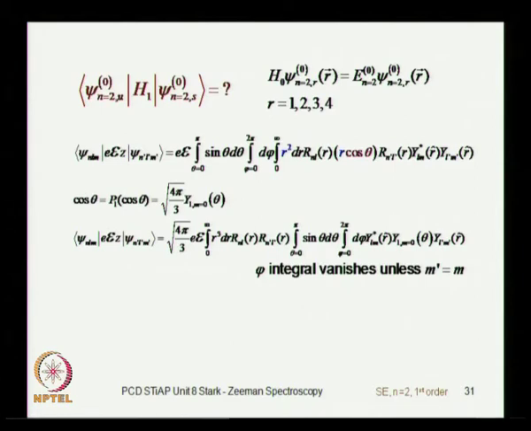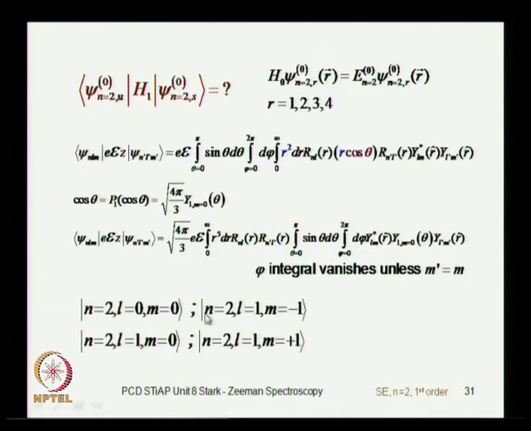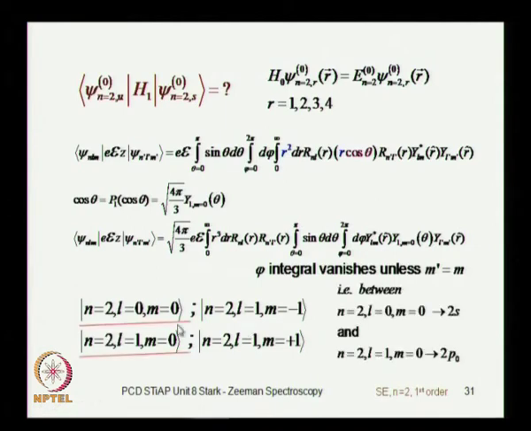Now, if you look at the 4 solutions, the 4 degenerate functions are these. This is the first, 1, 2, 3 and 4. Now, out of these 4, which states can give you this possibility that m prime is equal to m, because there is none other which can combine with this or this, and the only 2 states which can combine are the 2s and the 2p0.